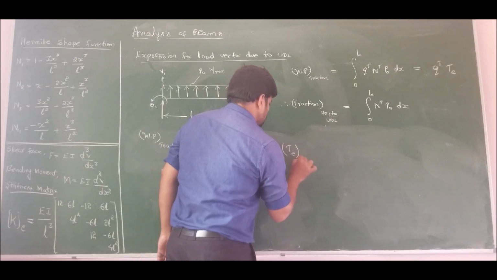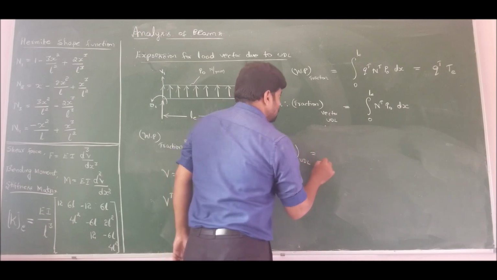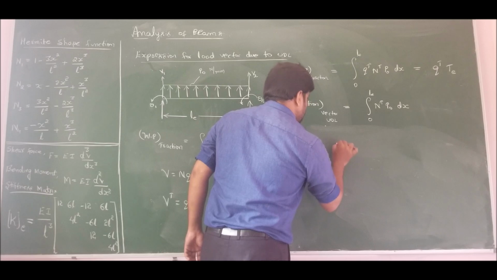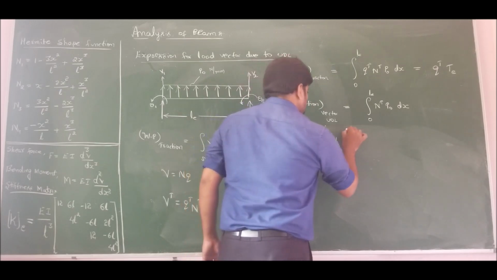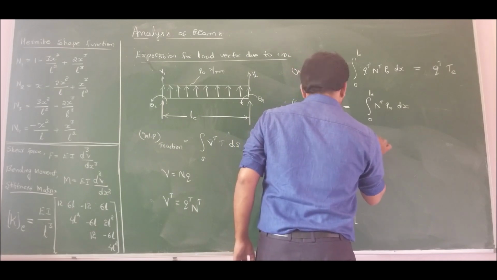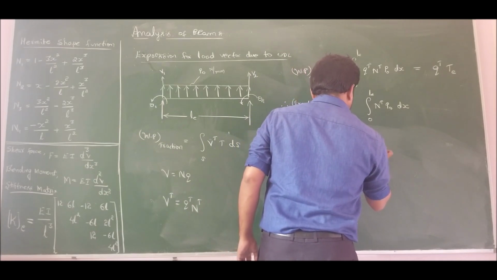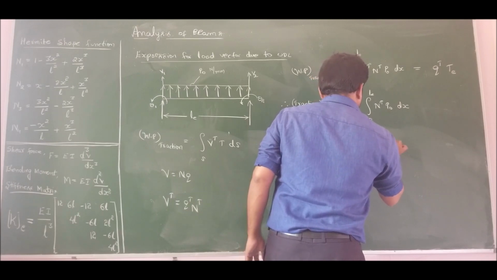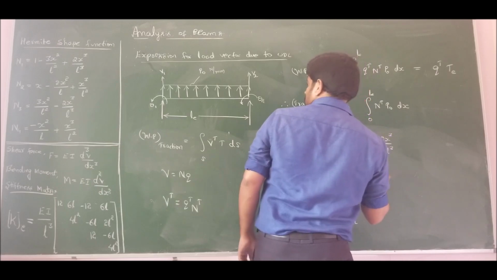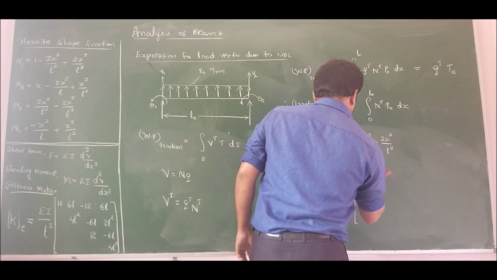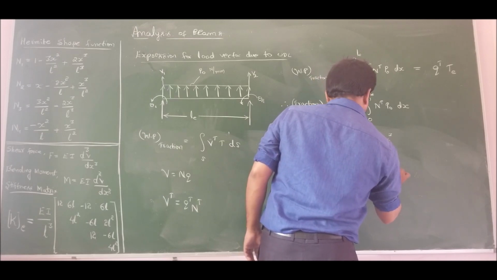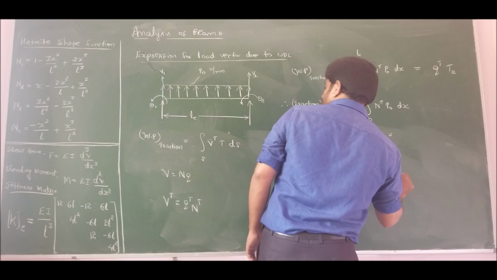T of an element due to UDL is equal to, let me take P0 outside, integrating with respect to x from 0 to LE, the N transpose, which is: N1 is 1 minus 3x square by L square plus 2x cube by L cube. N2 is x minus 2x square by L plus x cube by L square.